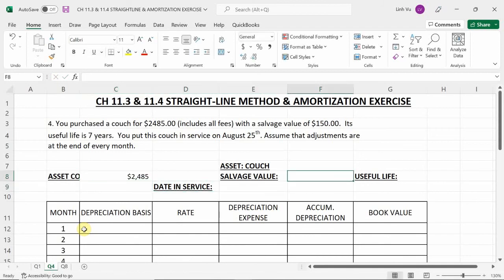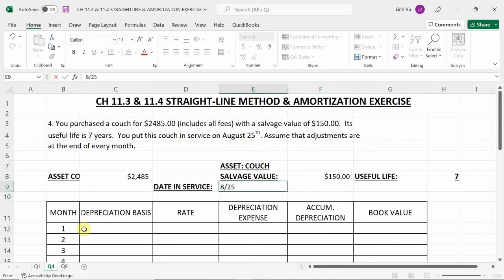And how much is my salvage value? $150. What was my estimated useful life? 7 years. And when did I place it into service? August 25th. So what does that tell me? When do I start depreciating it? September. You start depreciating it as of September. Now here, it says that my adjustments are done at the end of every month.